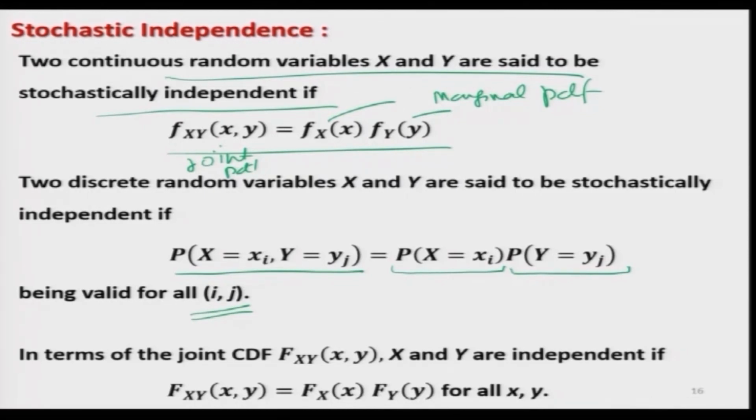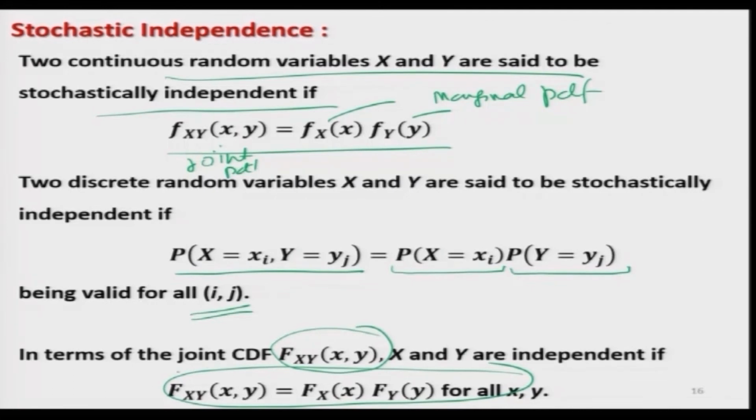And the same definition can be written using the concept of CDF also. So, in terms of CDF, if we have a joint CDF of two random variables x and y, like here capital F of x y, we say that x and y are stochastically independent if the joint CDF can also be expressed as the product of their marginal CDFs.